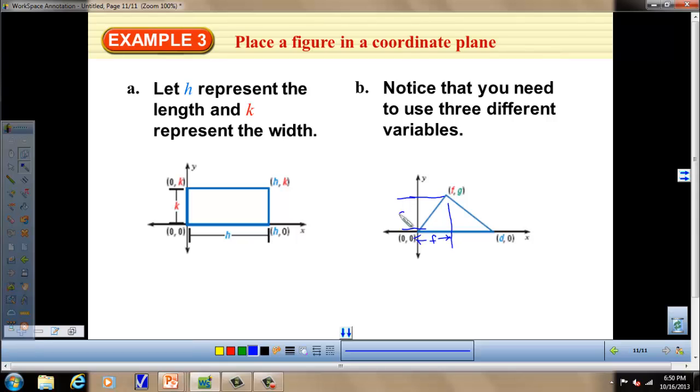And again, those letters are chosen kind of arbitrarily. You could have chosen a, b, and c. Anything would have worked. But we'll use these to prove certain properties of different geometric figures. And what we do is use these letters so that we can show that it's true all of the time, rather than just with certain numbers. Okay?